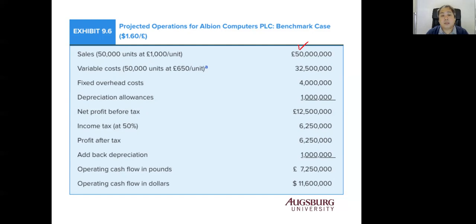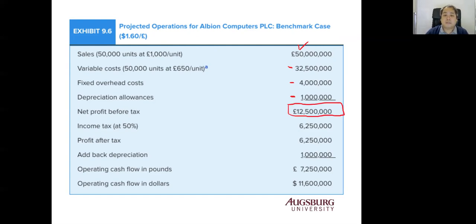If the variable cost is 650 pounds per unit, and you sell 50,000 units, then it's going to be 32.5 million pounds. Let's say fixed overhead is 4 million and the depreciation allowance is 1 million. Then your EBIT, the taxable income, is 50 minus 32.5 minus 4 minus 1, so that's 12.5 million pounds.